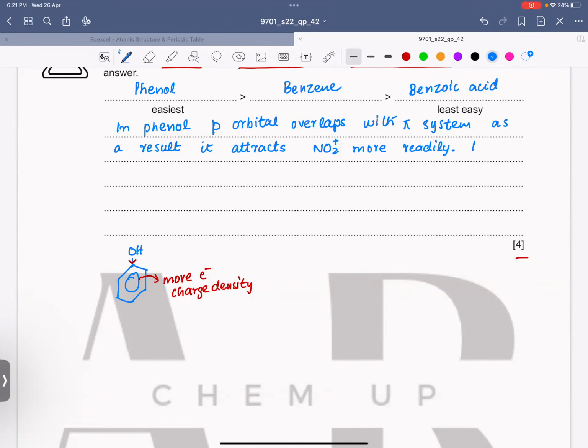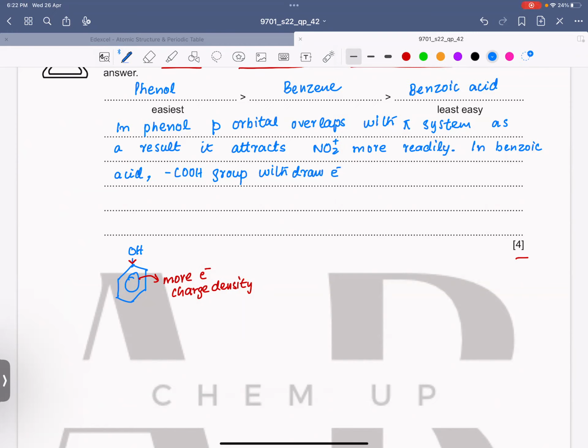Then, when we talk about benzoic acid, in benzoic acid, that COOH group is withdrawing in nature.